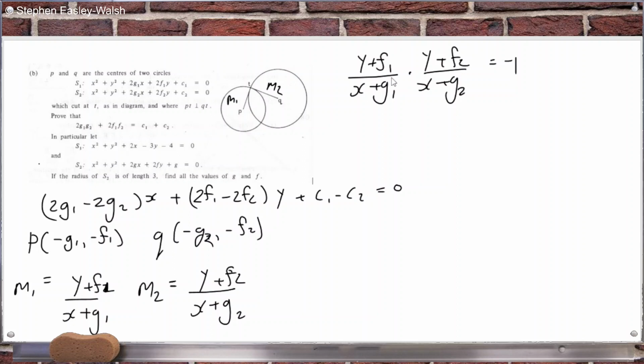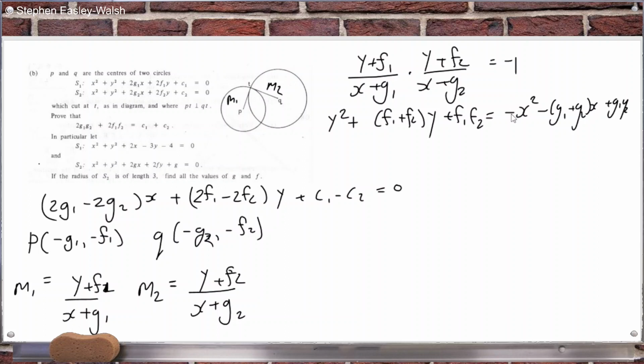Let's see what happens. If I multiply at the top, I'll get y squared plus f1 plus f2 y plus f1 f2 should equal minus x squared minus g1 plus g2 x plus g1 g2.